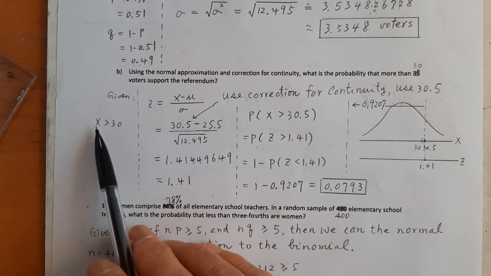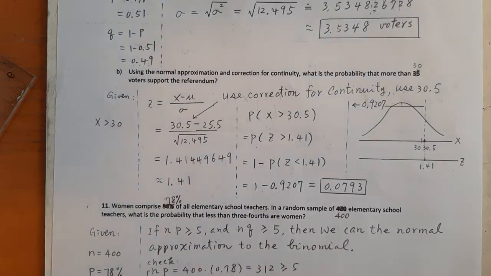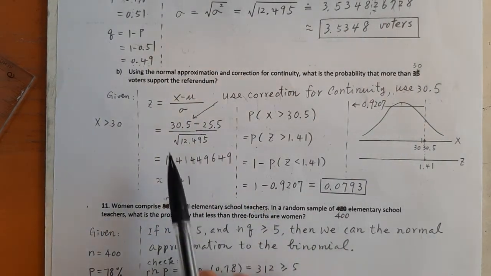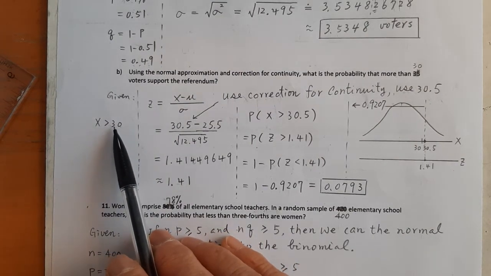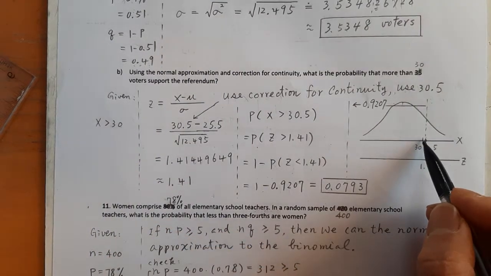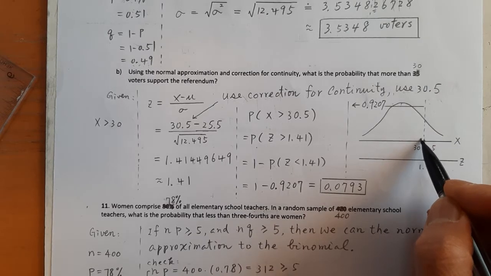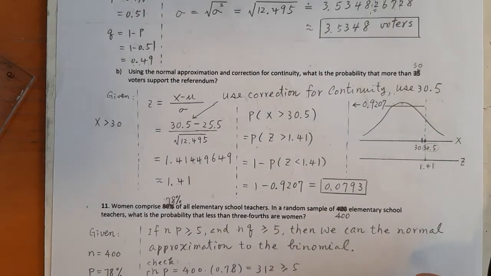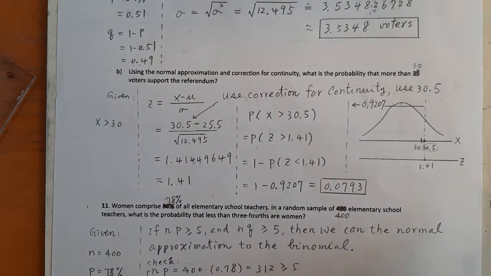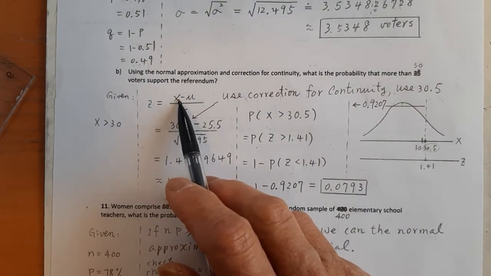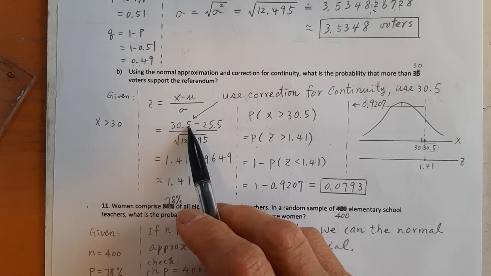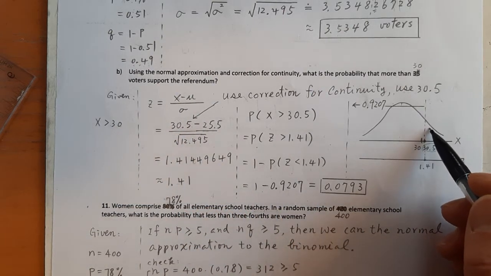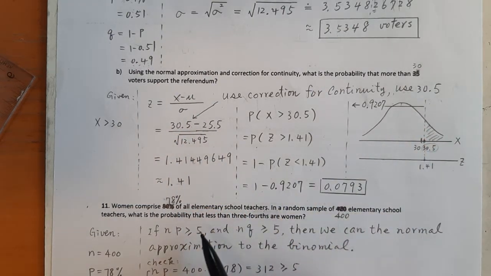So looking for x greater than 30. We're not including 30. So we go to the right a little bit, it's 30.5, and get continuity correction. Use x equals 30.5 and we are looking for this area.